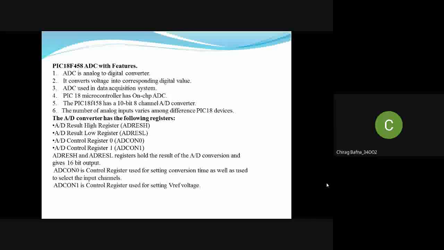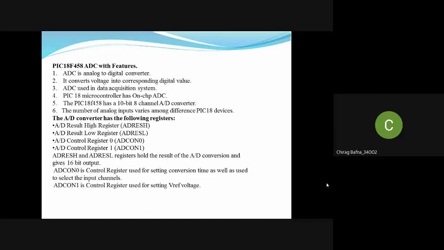First one is ADRESH, that is the high result register. Second one is ADRESL, that is the low result register. ADCON0 is control register 0 and ADCON1 is control register 1.